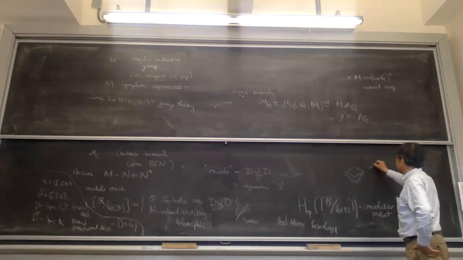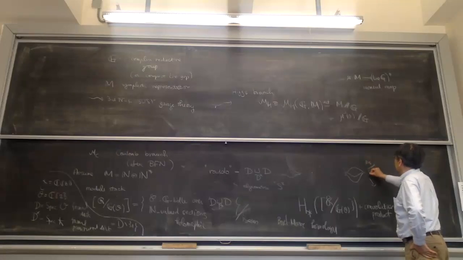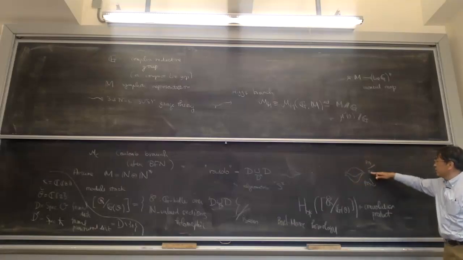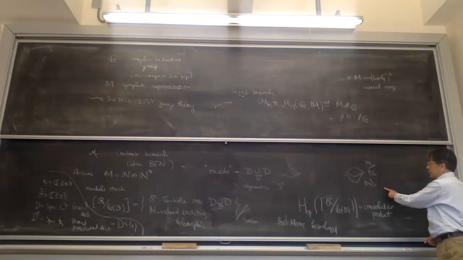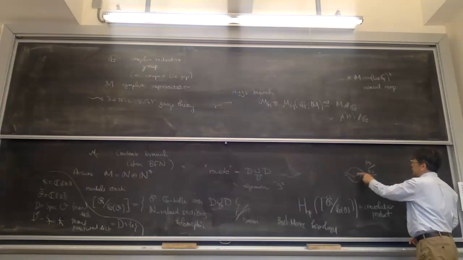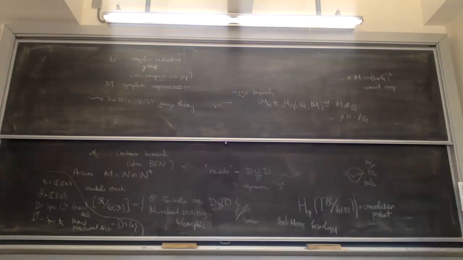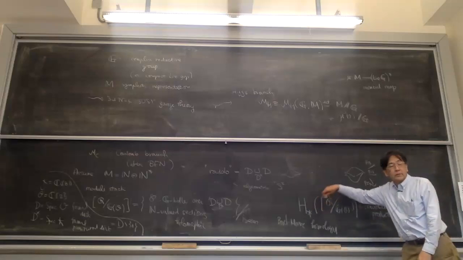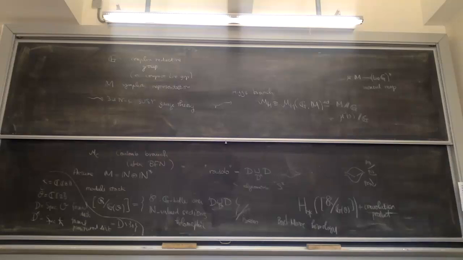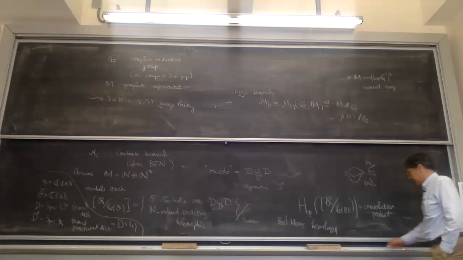Then you have three projections, p_{1,3}, p_{1,2}, and p_{2,3}, taking the second and third sheet, or the first and second sheet, and so on. Then you have a homology class here. You can pull back and then push forward by p_{1,3}. This gives the convolution product, which is associative, giving an associative algebra structure. And in this particular case, this is commutative.